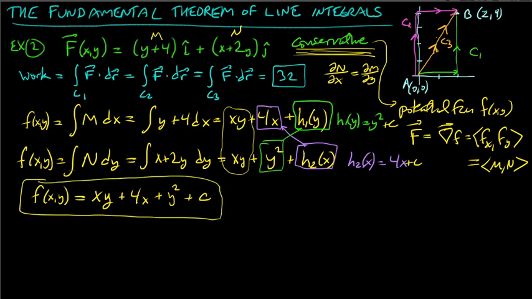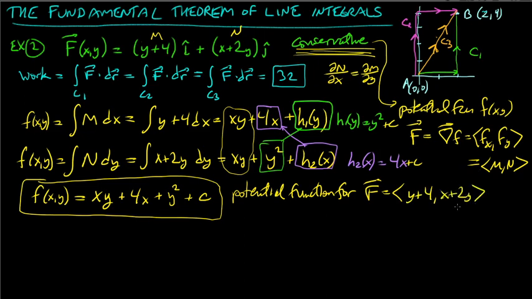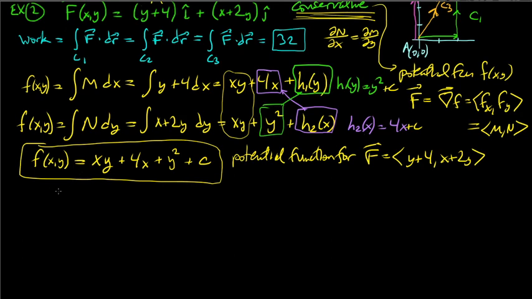So there you go. This is our potential function for the vector field F, which was what? It was y plus 4 for M and x plus 2y for N. And so if we took the gradient of little f, in fact, let's do it.